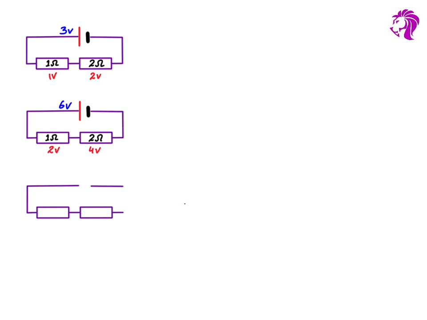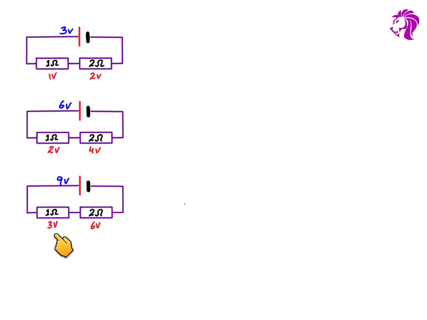Similarly, you have another circuit, same resistances, this time you have 9 volts. You need to divide this 9 volts in such a way that one resistor gets 1 portion and the second gets 2 portions of the EMF. So if this gets 3 volts, this gets 6 volts.